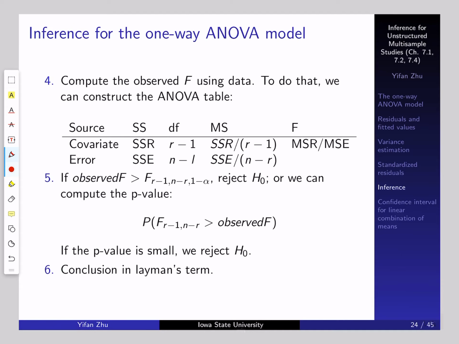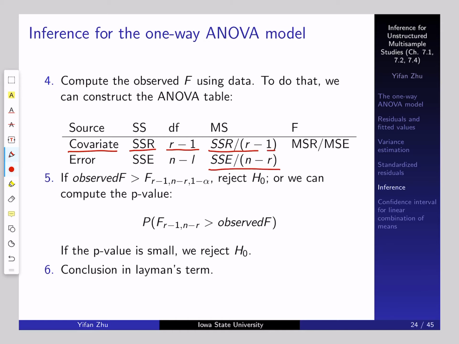Okay, so we can compute the observed F using data. To do that, we can construct an ANOVA table. The ANOVA table is like this. There is a source column. The first row is from the covariate or the factor. It is associated with the SSR, and the degrees of freedom is R minus 1. MSR is SSR divided by R minus 1.